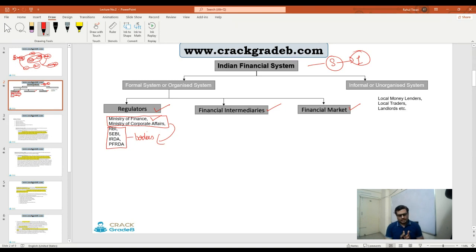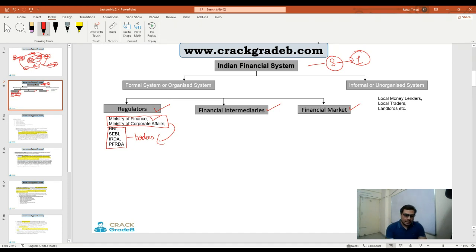Not only India, in any country, the finance ministry is very important. In some countries, it is called a treasury, right? So especially in Britain and US, it is called treasury, so treasury bench, right? And when they say treasury bench in the parliament, that means it is related to government, right?